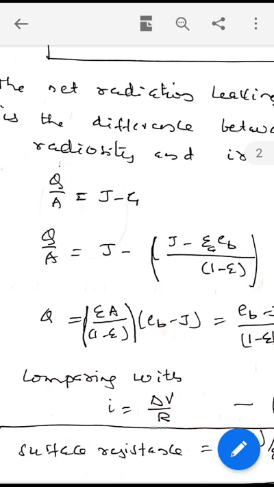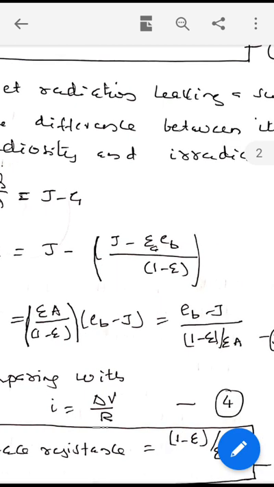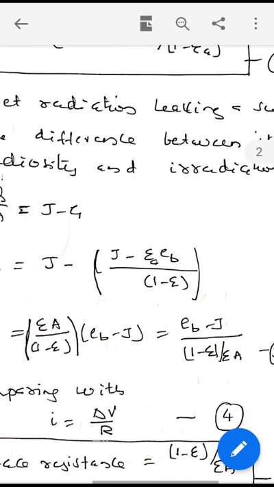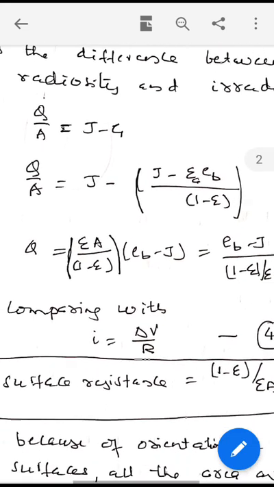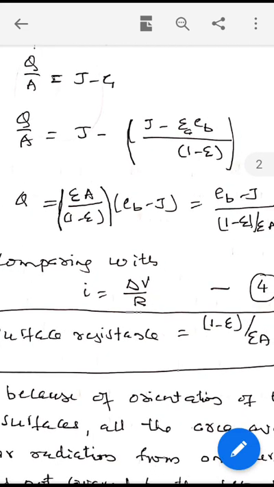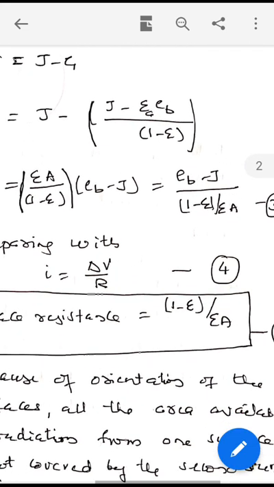So Q by A equal to J minus, substituting the value of G from equation 2, J minus epsilon_A E_b divided by 1 minus epsilon. On readjustment we will get Q equal to E_b minus J divided by (1 minus epsilon) divided by (epsilon A).